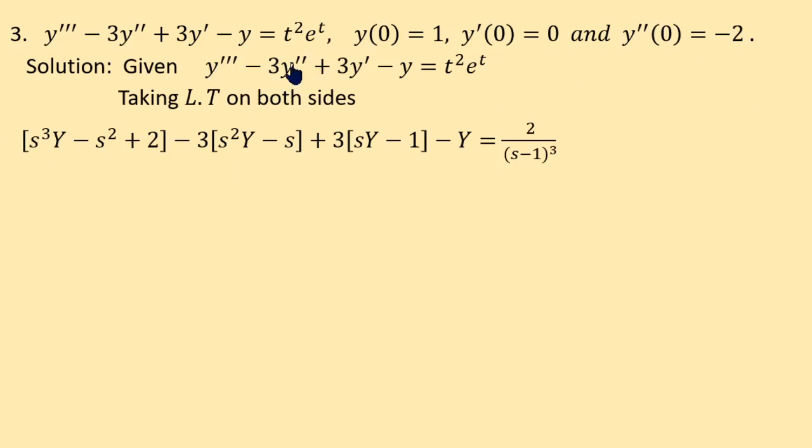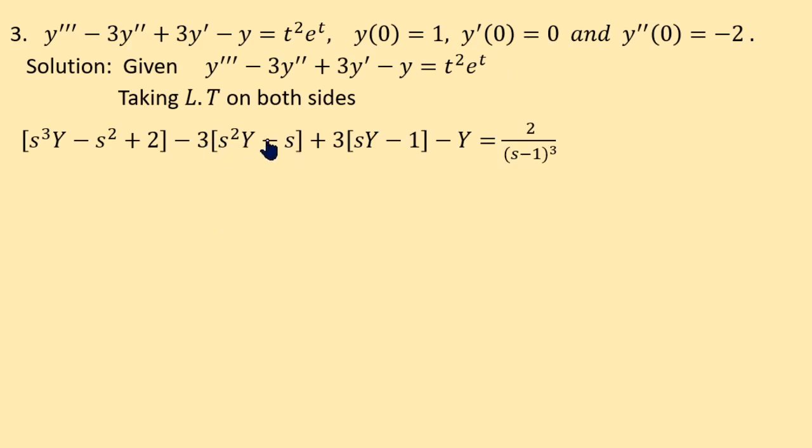This is the Laplace transform of y triple dash. Minus 3 into the Laplace transform of y double dash, which we already discussed in the previous example: s square capital Y minus s into y at 0, that is 1, minus y dash at 0, which is 0.